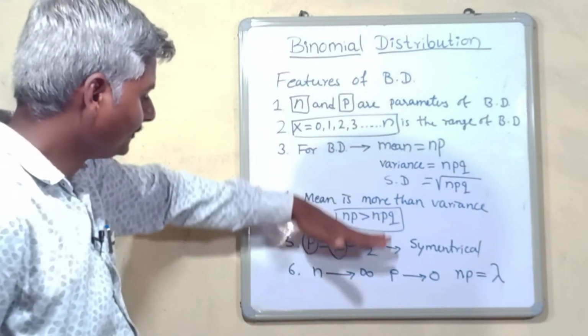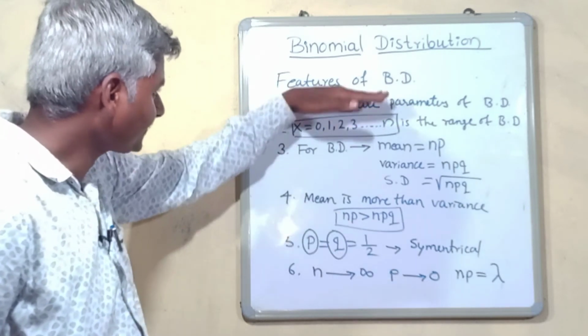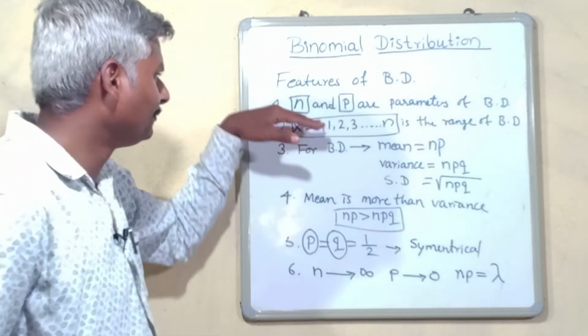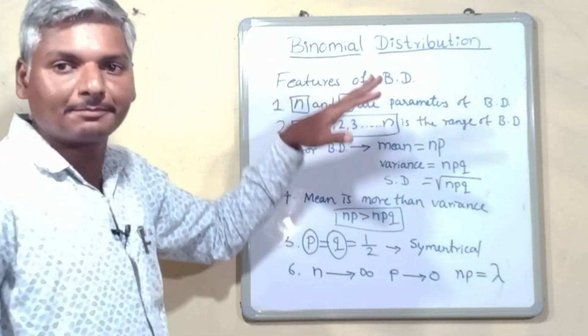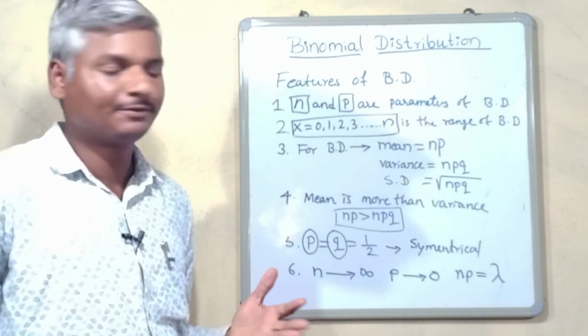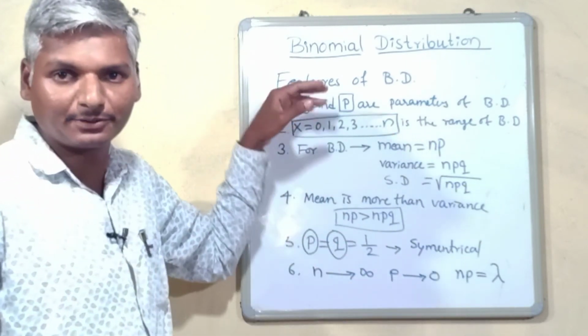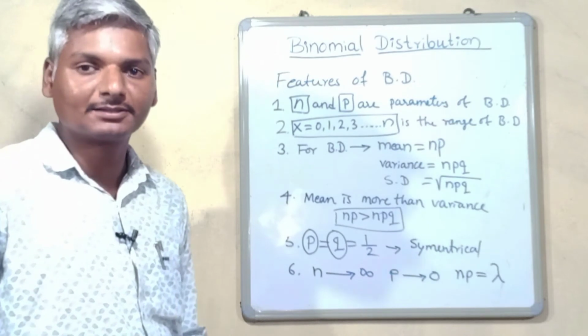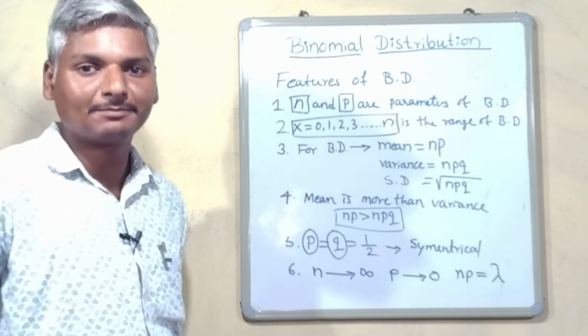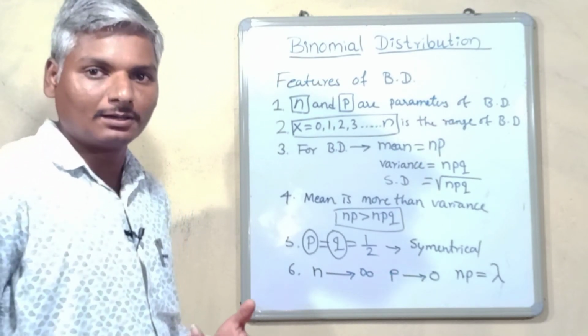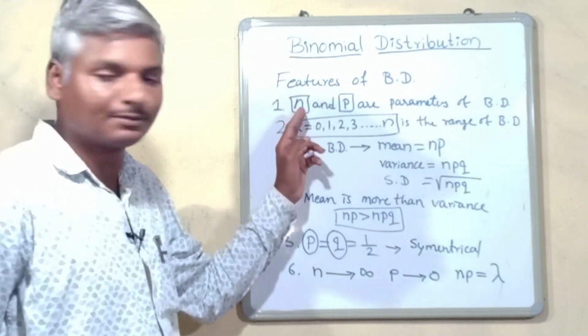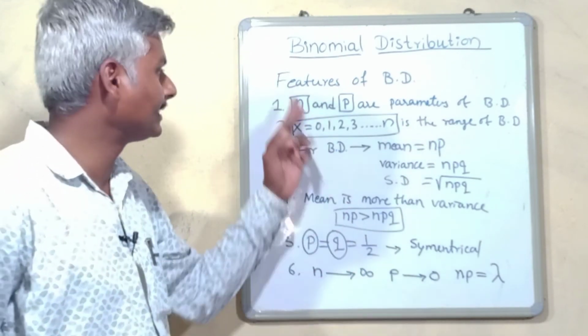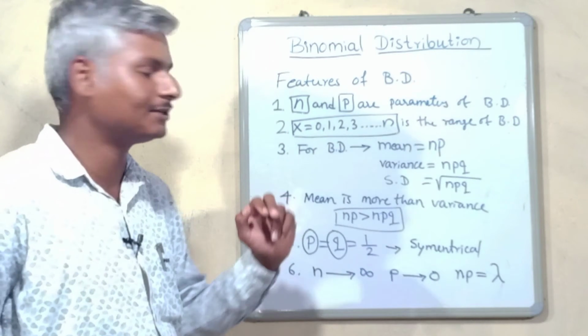These are 6 features of binomial distribution, where n and p are the parameters, which is very easy. There are only 2 parameters. They will ask for 2 marks: what are the parameters of binomial distribution? You can simply write that n and p are parameters of binomial distribution.